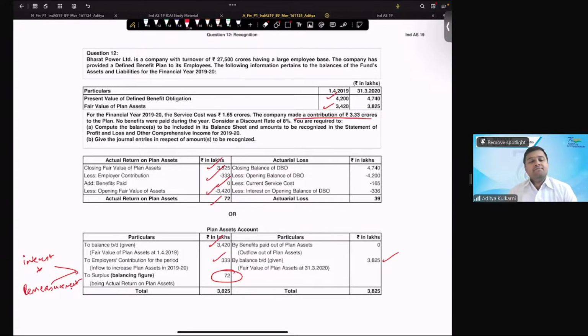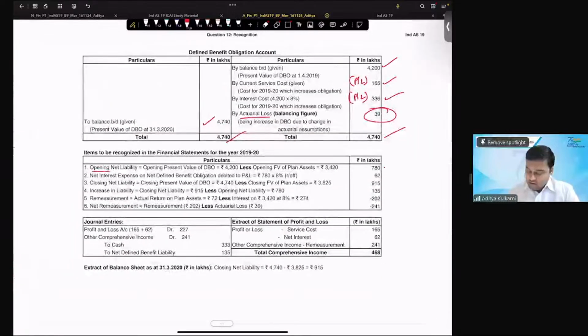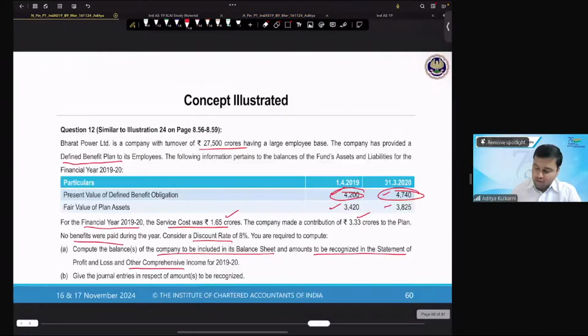What will it be? Net defined benefit liability, because obligation is greater than assets. Yes or no? Yes, sir. So 780, which is nothing but 4,200 minus 3,420. Okay.